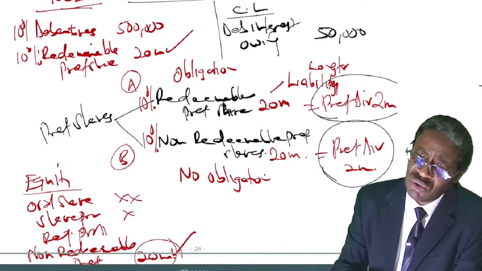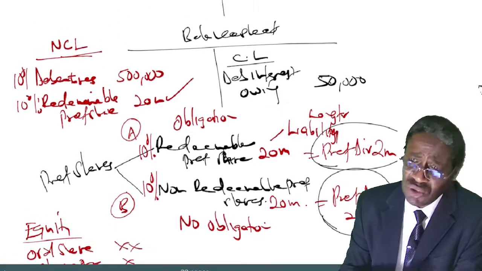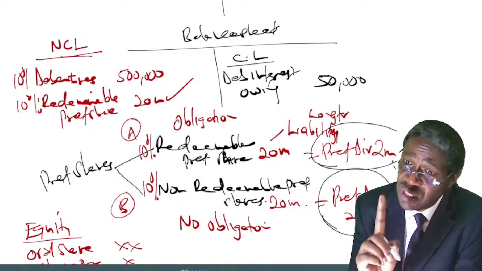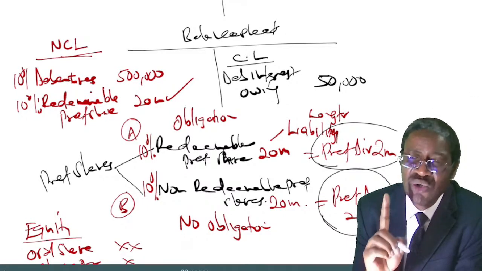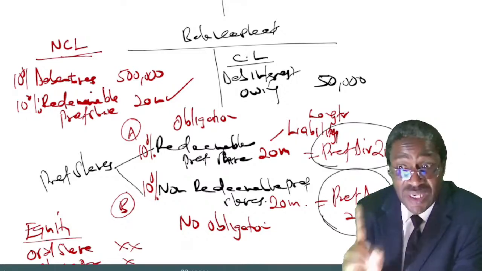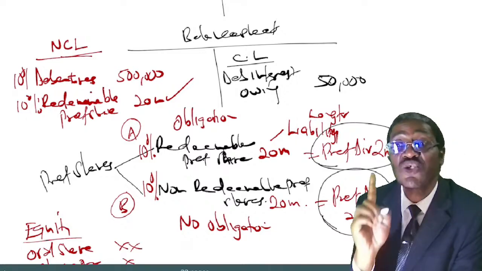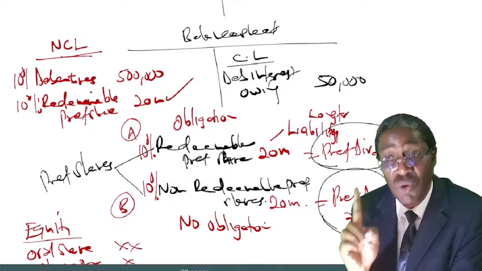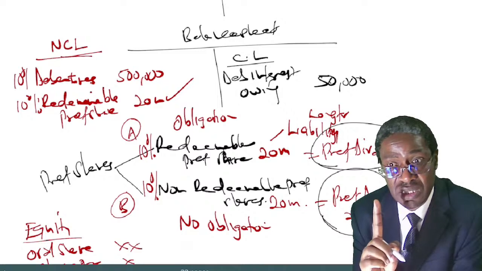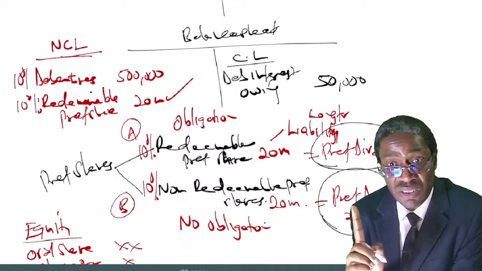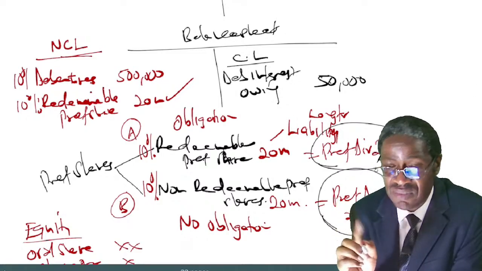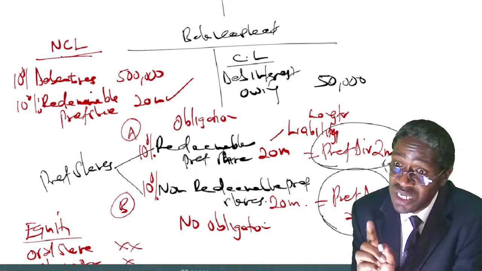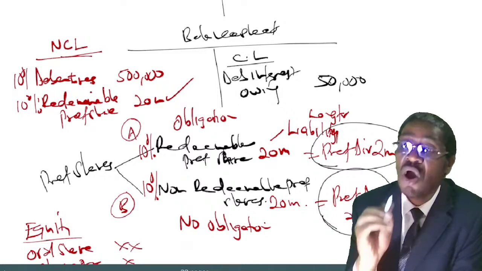Before I talk about how to treat that 2 million, I want to take you back. When you as a company issued your 10% debentures amounting to 500, you were to pay debenture holders interest of what? 50. We have discussed that. That 50 is what we said is a finance cost.